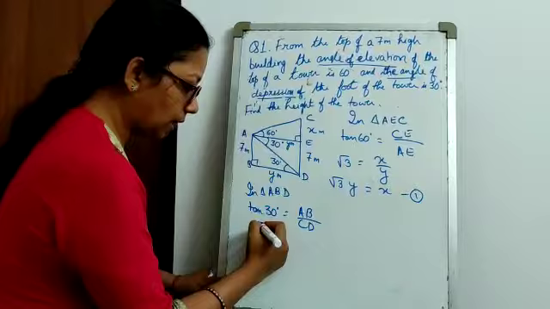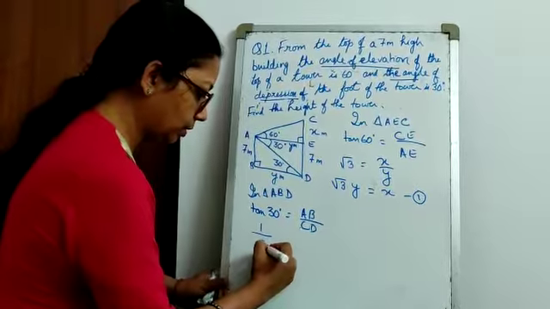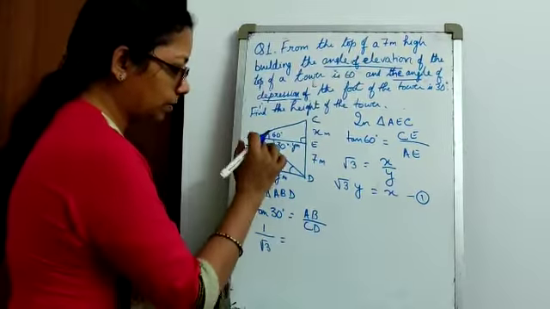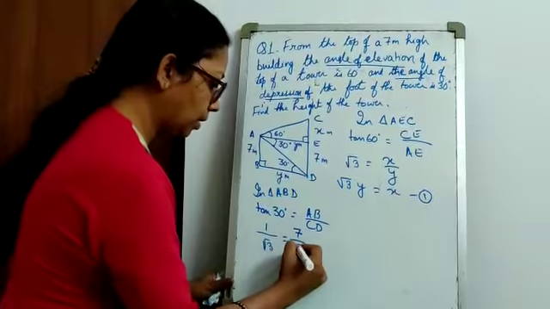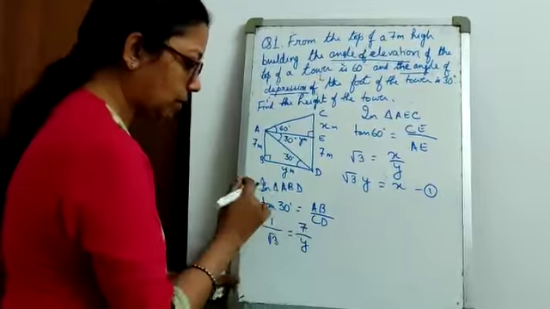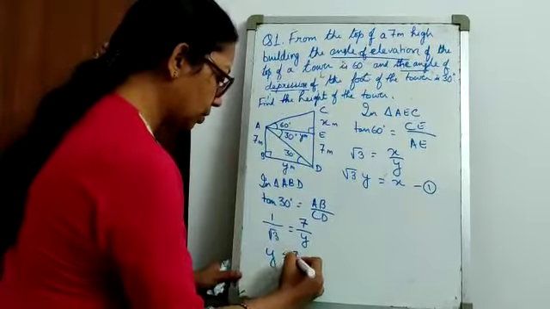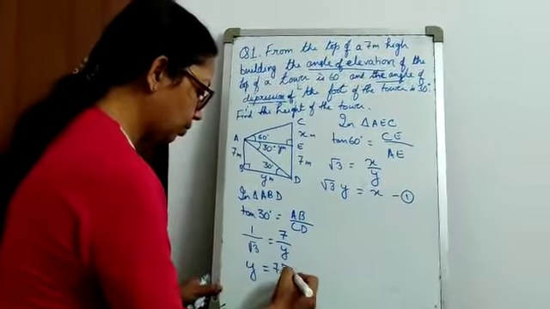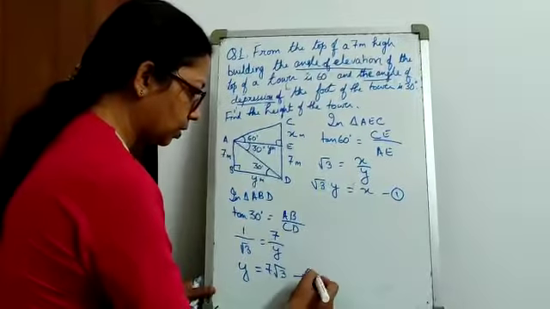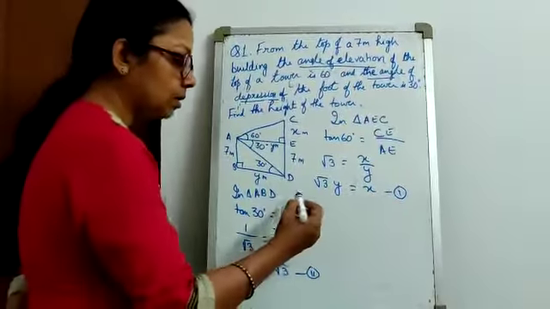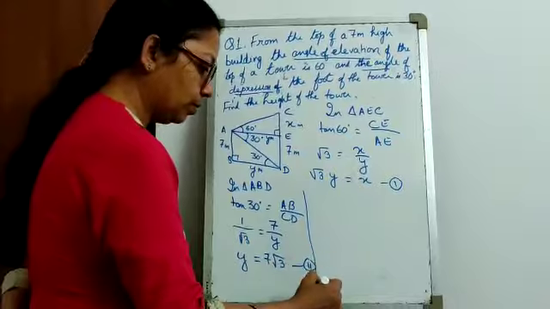Further, tan 30 is 1 by root 3. So this is equal to AB, which is 7, by Y. If we do a cross multiplication, we get Y is equal to 7 root 3, and we name it as equation 2. So children, what do I do now?